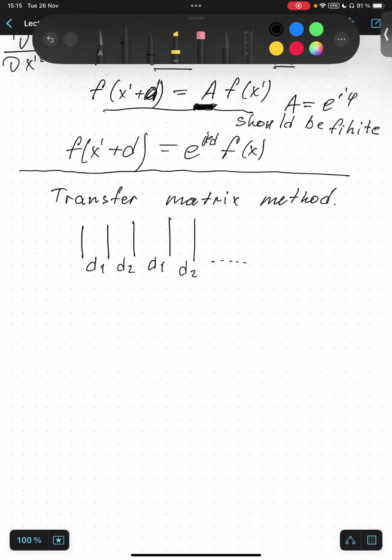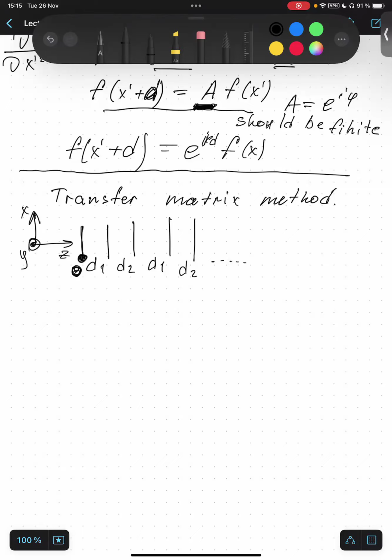So we can easily find the fields at the d1 boundary. Let's write the axes: here is the z-axis, x-axis, for example, y-axis.